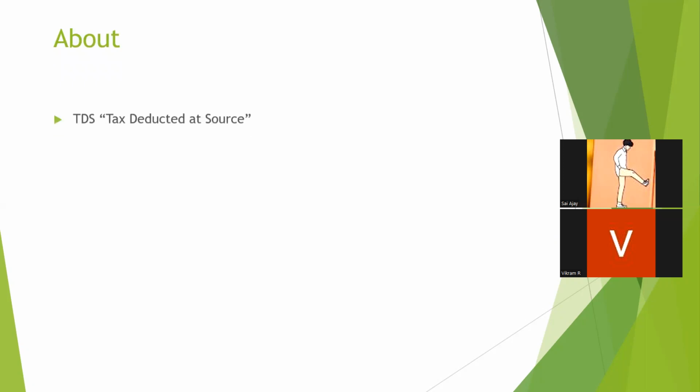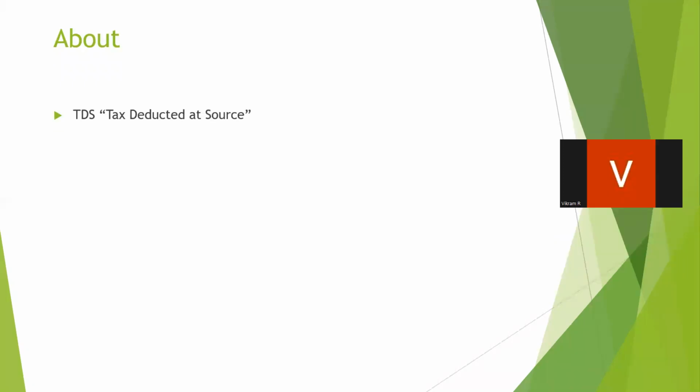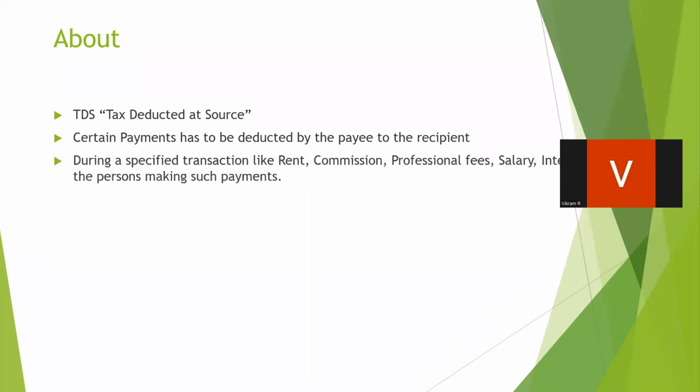Certain payments, like fee, rent, commission, professional fee, salary, interest, etc., are subject to TDS. So many transactions are there, and each and every transaction has its own TDS section.